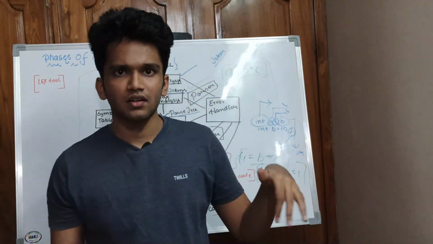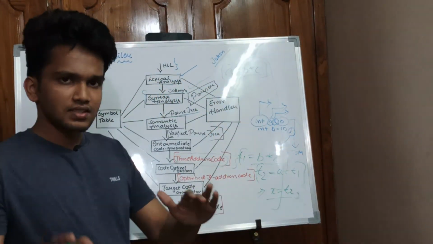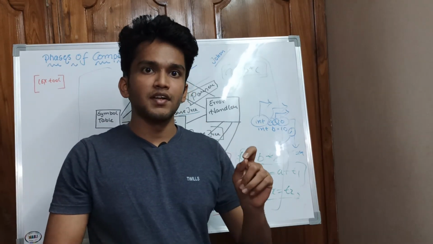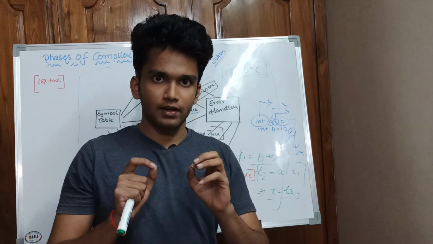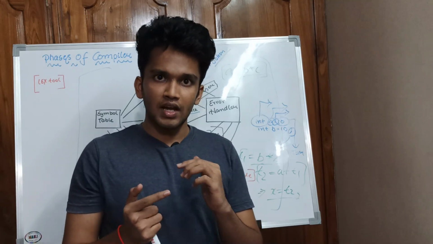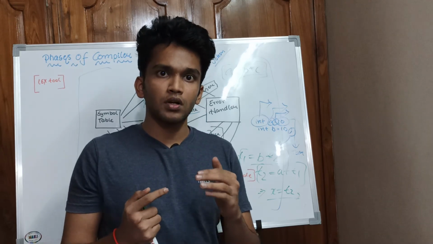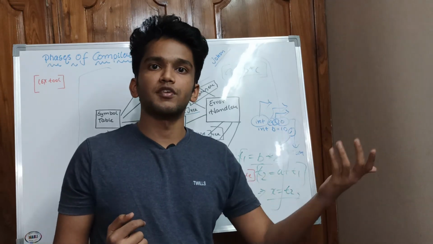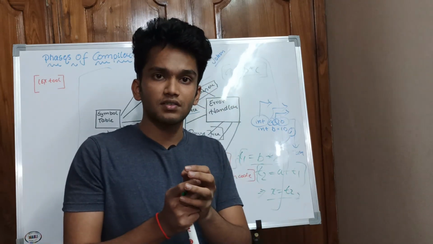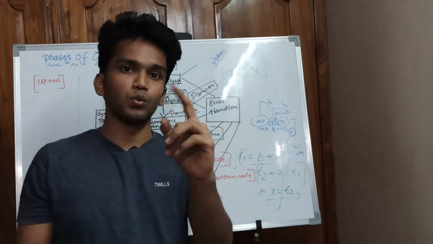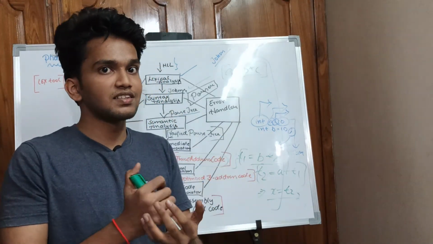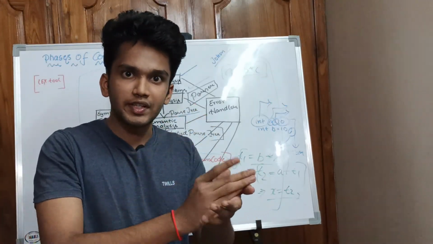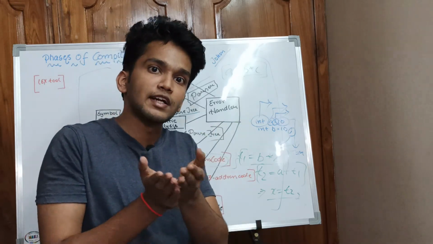Whereas the error handler, what is its role? I said in the first video itself, a compiler is something which doesn't stop. Even if you get an error in the first line of the code, it goes to another phase and another line, checks the code and compiles the entire code, carrying a bunch of errors if you have a lot of them. All these errors are shown together at one time at the display phase, as a group of errors: you have committed this error at a particular line and you have to rectify it.